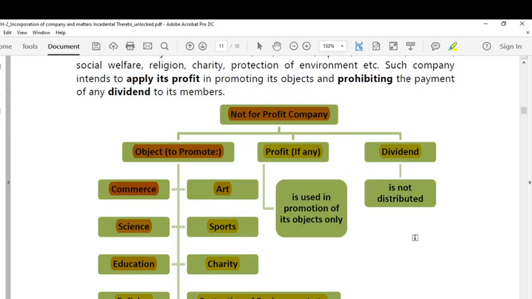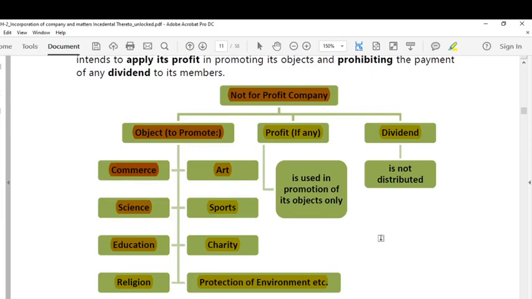The profits earned should not be distributed among the members of that company. Whatever profits are earned should be used only to promote the object for which the Section 8 company has been promoted.